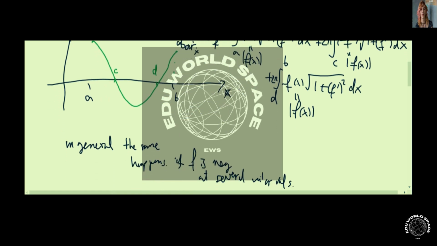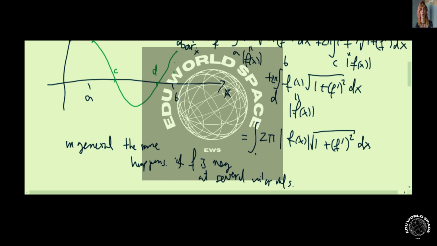So in general, the most general way to write this integral is the integral of the absolute value of f of x times the square root of 1 plus f prime squared dx, while this part remains unchanged.